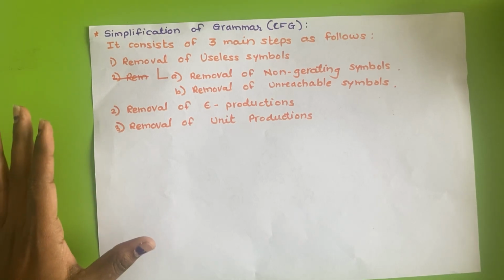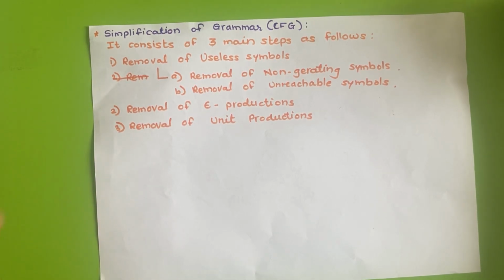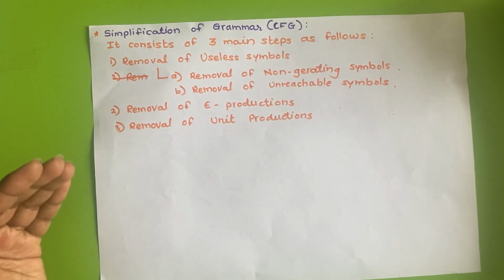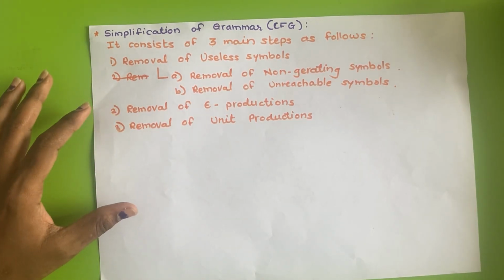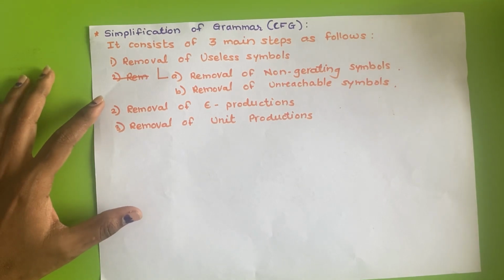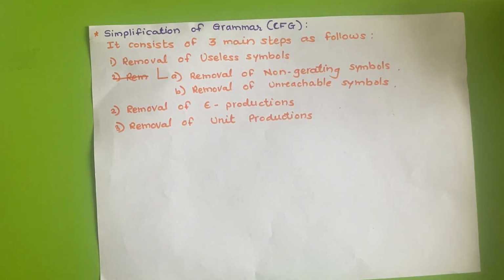So we have to observe such sets of productions as well as such variables, or maybe input symbols also, and we have to remove them, and the resultant grammar will be the simplified grammar. So this is nothing but the process of simplification of grammar.